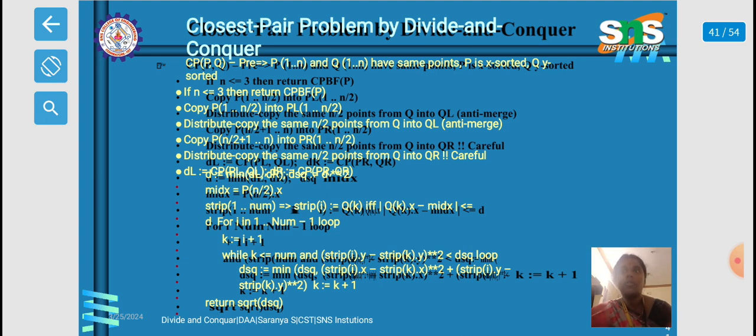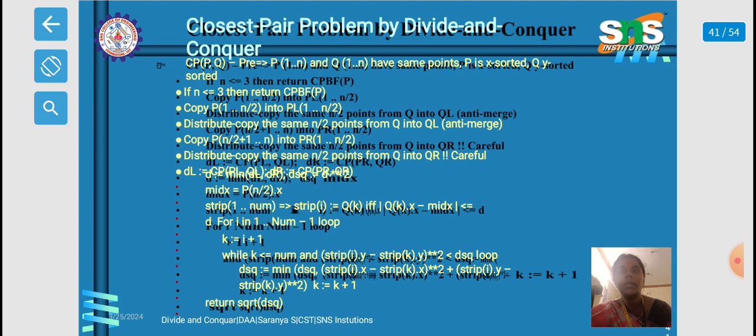The output is the distance between the closest pair of points. If n is less than or equal to 3, return the minimal distance found by the brute force algorithm.